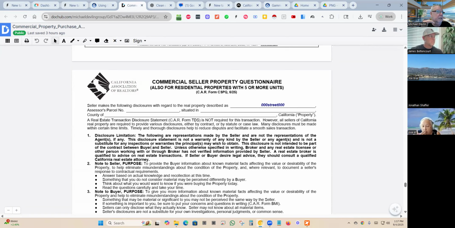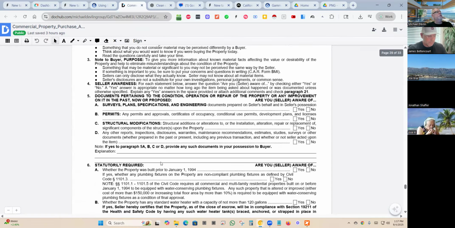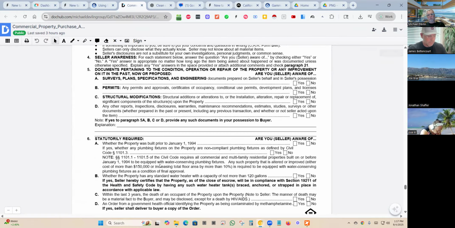C.A.R. said, let's take the SPQ. But what C.A.R. does is they clone other forms, add a little bit, tweak a little bit. So they took the seller property questionnaire and they made a commercial seller property questionnaire. And what they do is they ask all those questions.